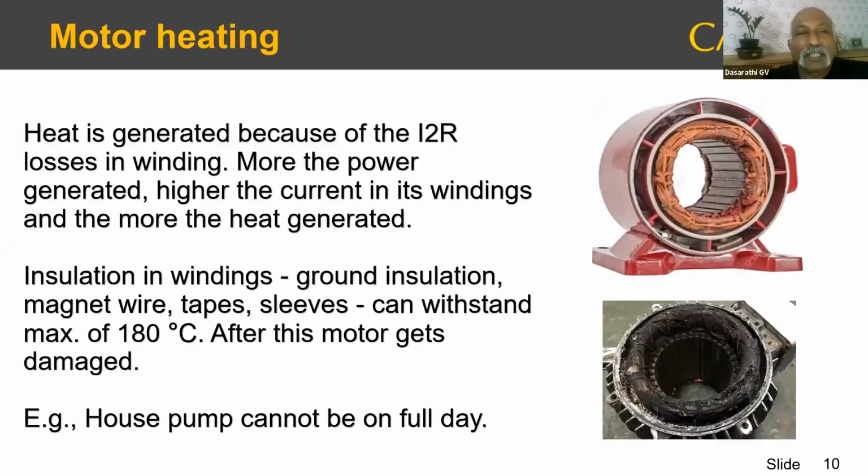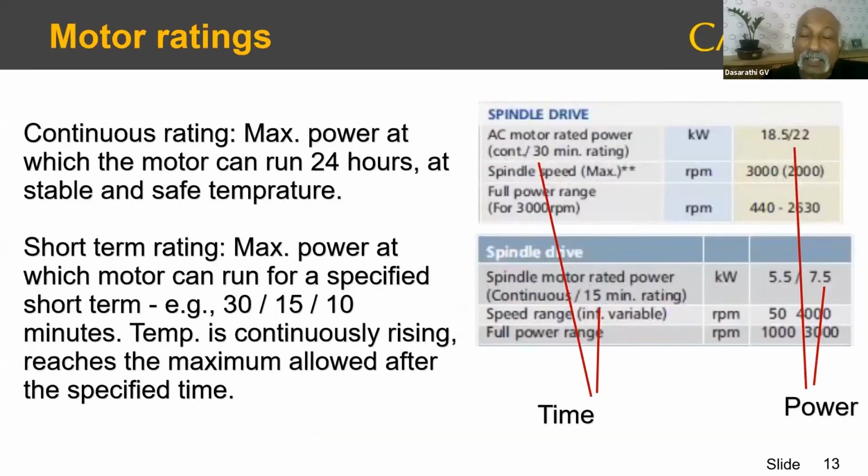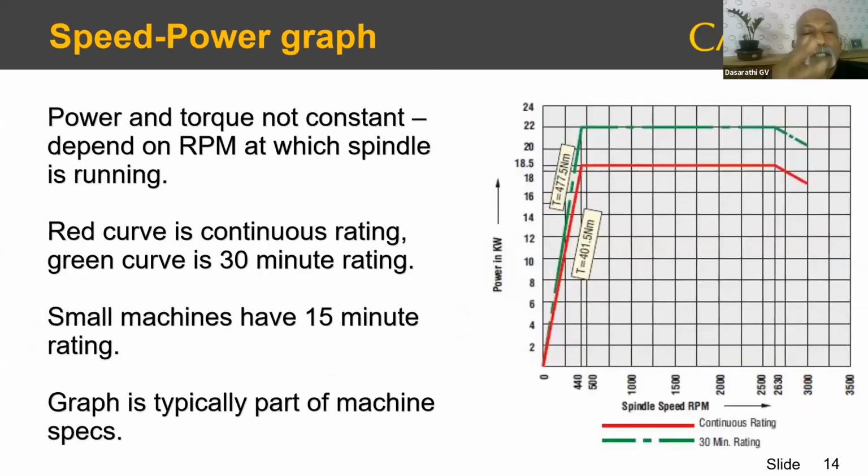Something about motor heating, what is the duty cycle, your RMS power, what are the motor ratings, and why you should know and look at them in the machine specification. Look at the specification sheet of the machine to understand the machine power. Speed power graph, again, part of the specification sheet of the machine tool builder. If it's not there, please ask the machine tool builder. They'll give you this. They have it also, right?